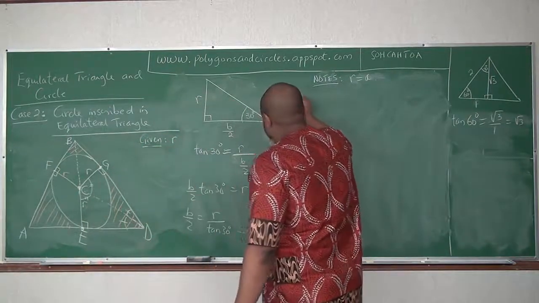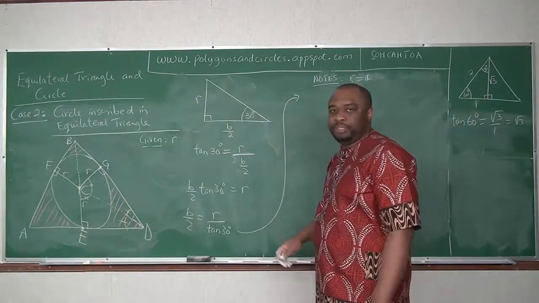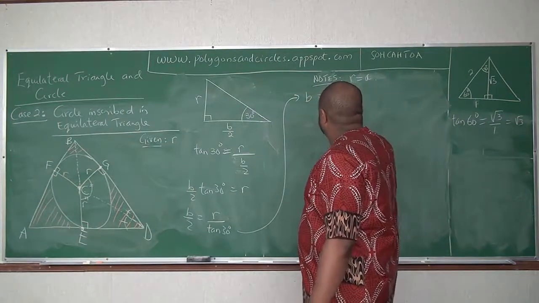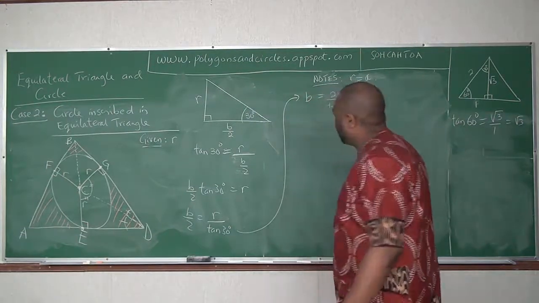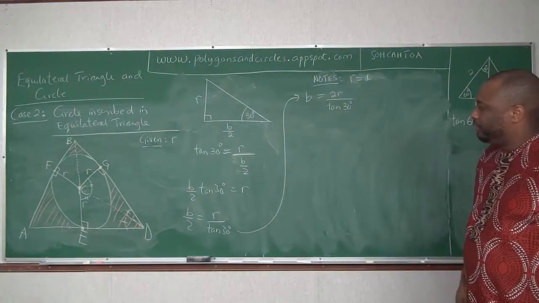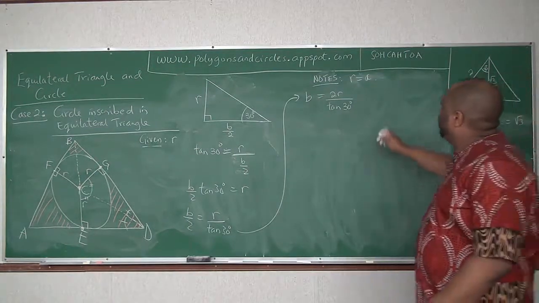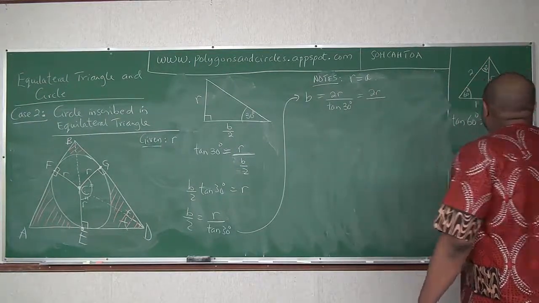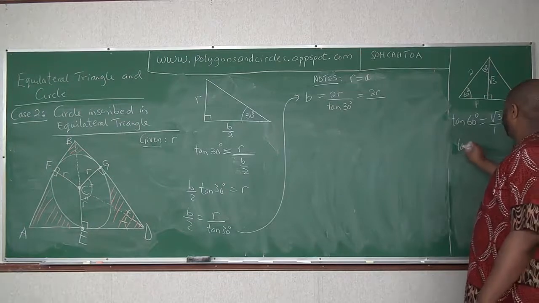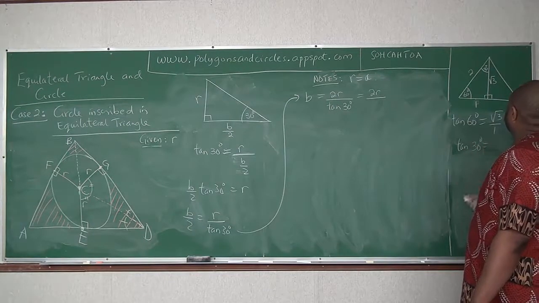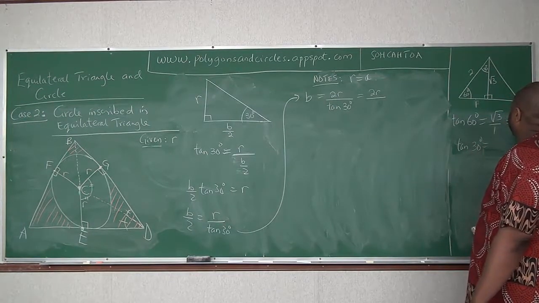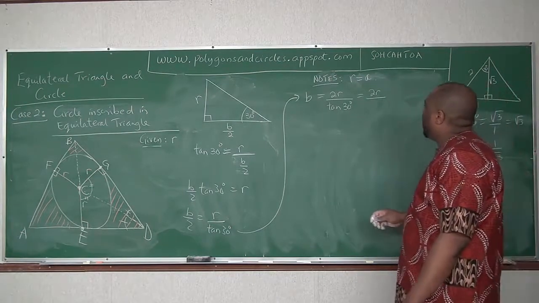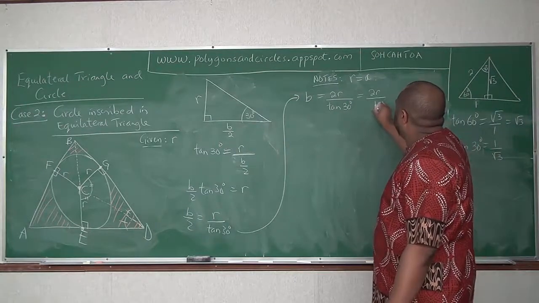So this means that you multiply both sides by 2. Base is 2r over tan 30 degrees. Which will give us what? 2r over, now, tan 30 degrees is opposite over adjacent, 1 over root 3. So 2r all over 1 over root 3.